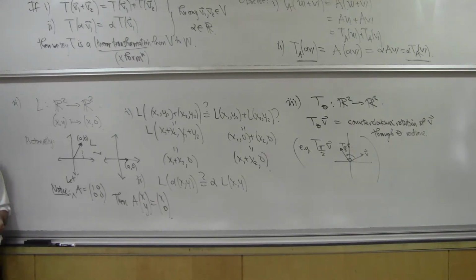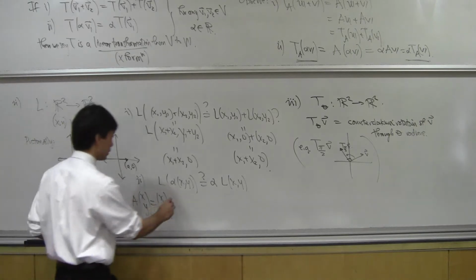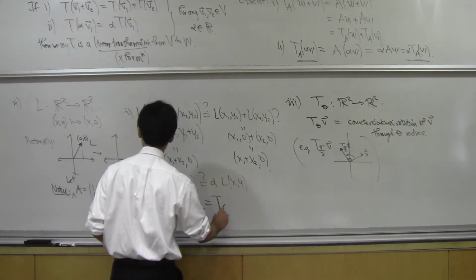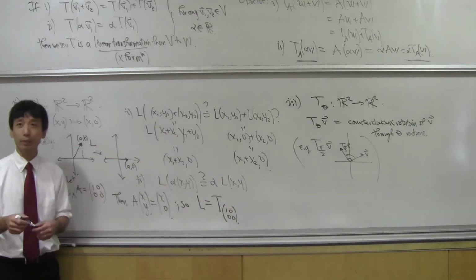Right? (1, 0; 0, 0) times (x, y) is going to give me (x, 0). And so this L is actually T sub (1, 0; 0, 0), using the notation from the first one.